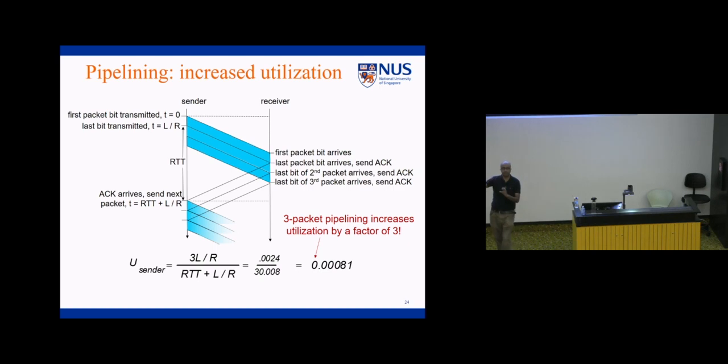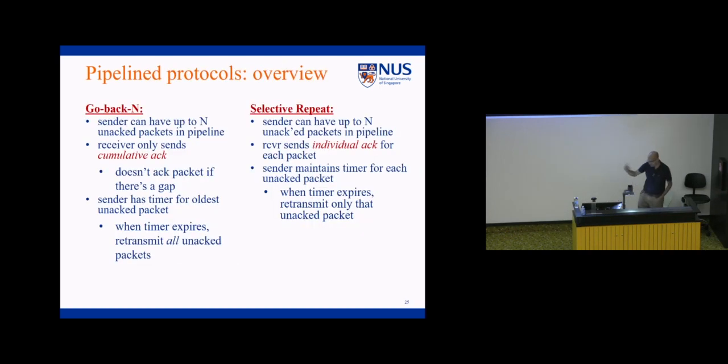So you can send a window of N packets, and then you wait for an acknowledgement. Once you get an acknowledgement, now you can transmit newer packets. While this was the basic idea, we saw that there are two general classes of these pipelined protocols, go back N and selective repeat.